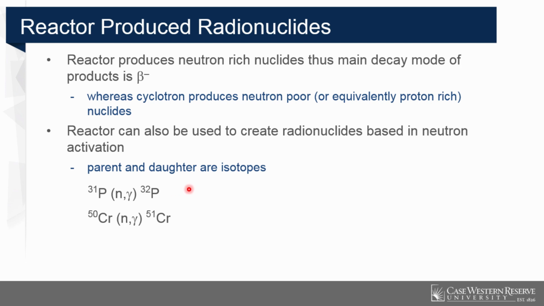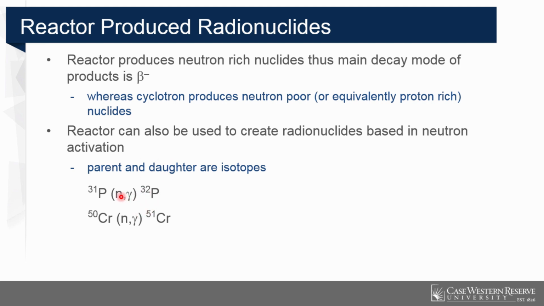In a neutron-rich environment, such as the nuclear reactors, for example, we have an element here, which is phosphorus-31. When it is hit by a neutron, it becomes phosphorus-32 and emits a gamma ray.